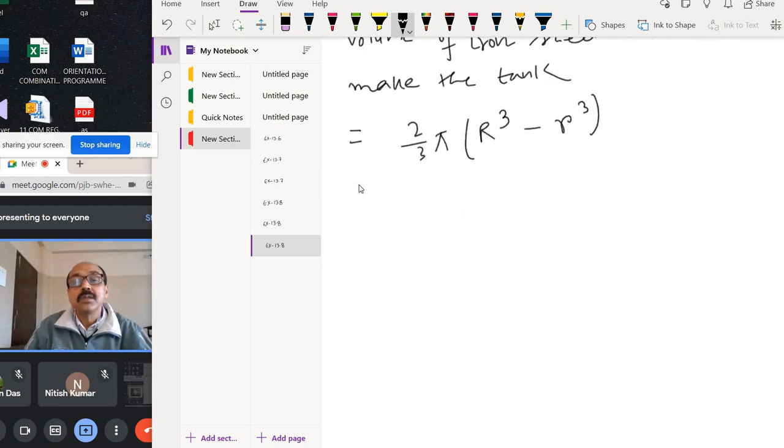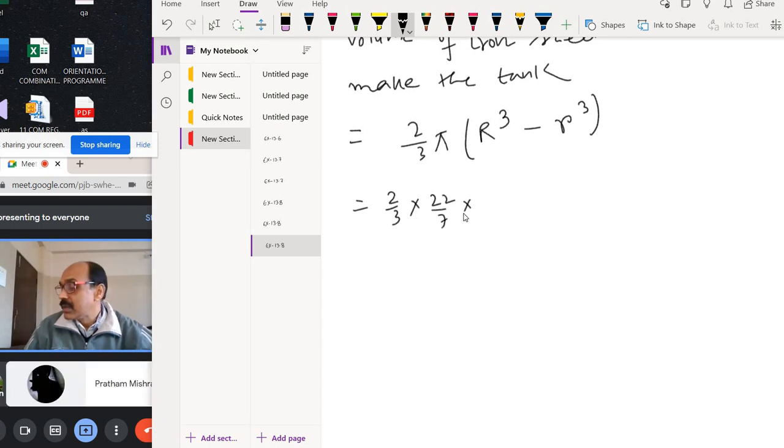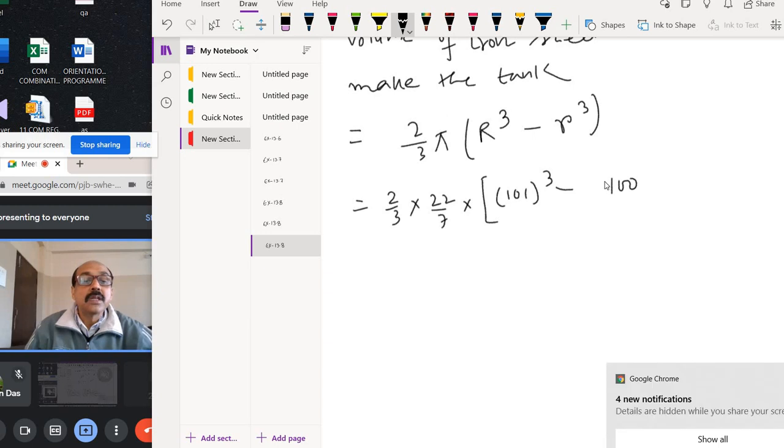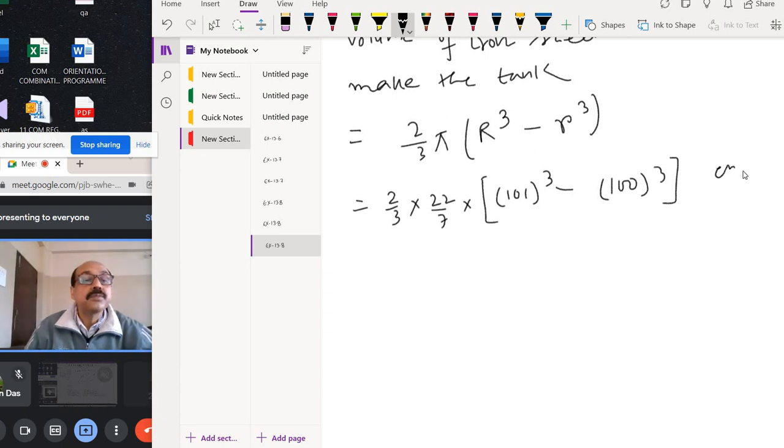Now to calculate: 2 by 3 into pi, which is 22 by 7, into capital R, which is 101, the outer radius, minus inner radius 100, whole cube, in centimeter cube.